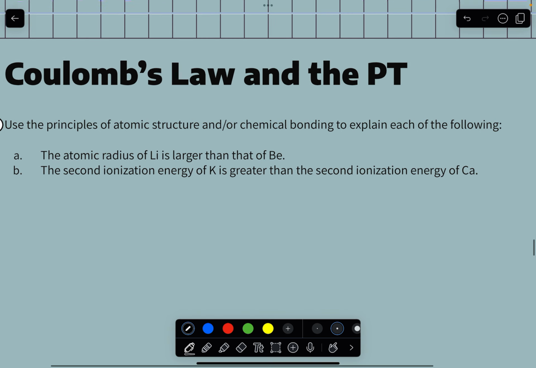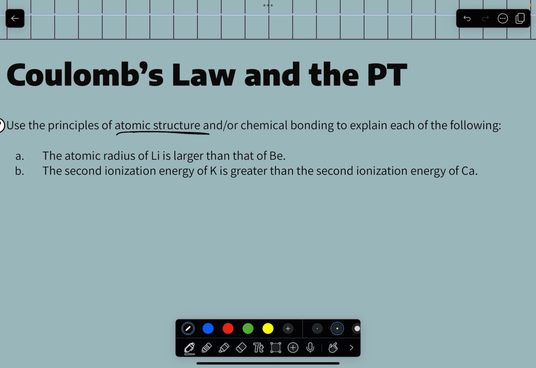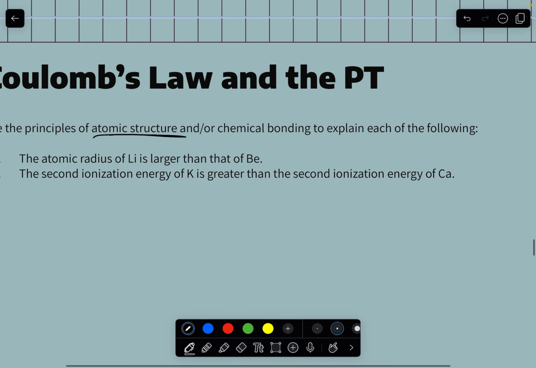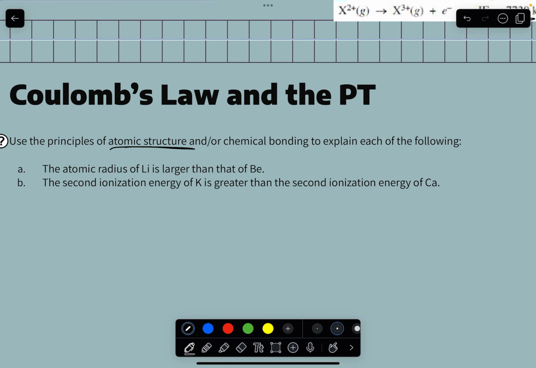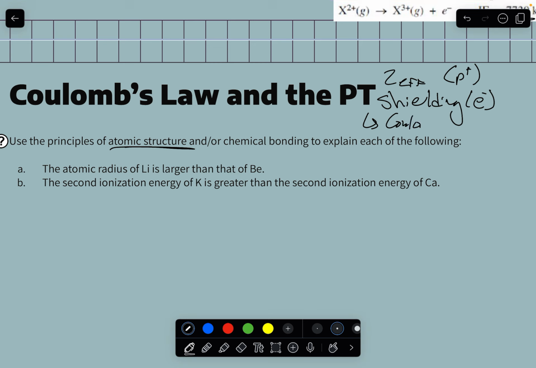When you're doing questions like these, specifically when it says atomic structure, you want to mention the effective nuclear charge, so talking about the protons, and you want to mention shielding, so the electron aspect of it, and relate them to Coulomb's law.